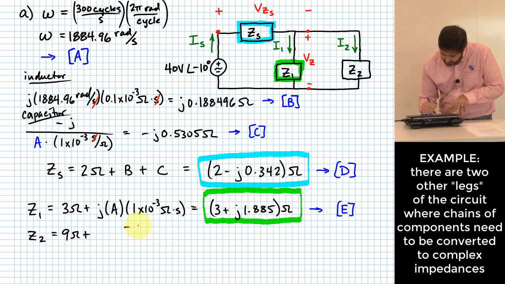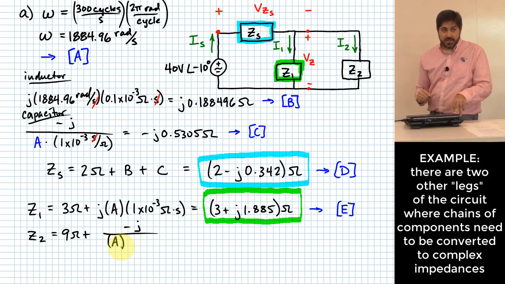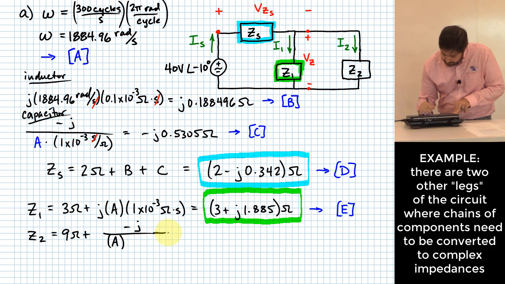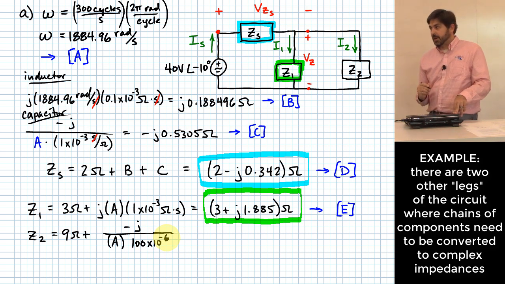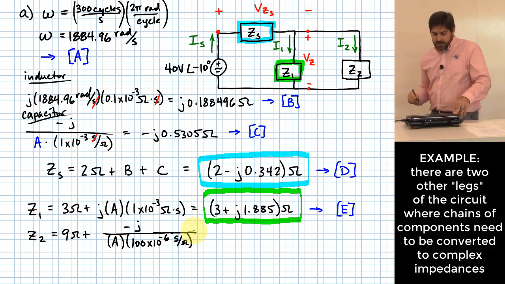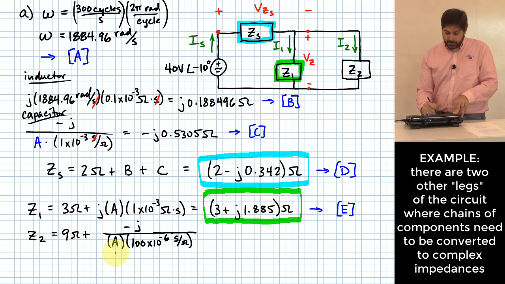Yeah, so minus J over, down there I'll again use that variable A that I have stored, that's the omega value, and then 100 times 10 to the minus 6, that's a micro, right? Is 10 to the minus 6. What are the units for a farad? Seconds per ohm.